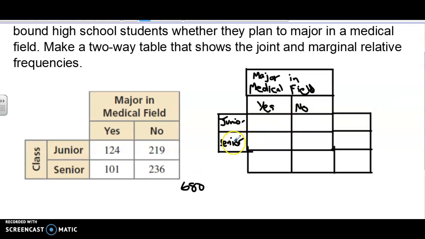To find each joint relative frequency and marginal relative frequency, I'm going to divide each joint frequency here by 680. So of the people surveyed that were juniors that said yes, it's 124 divided by 680.